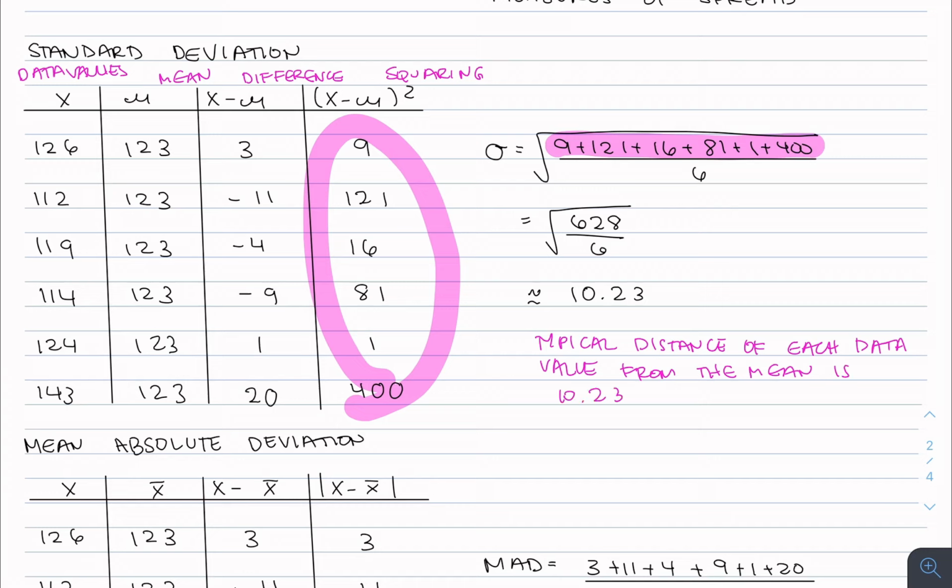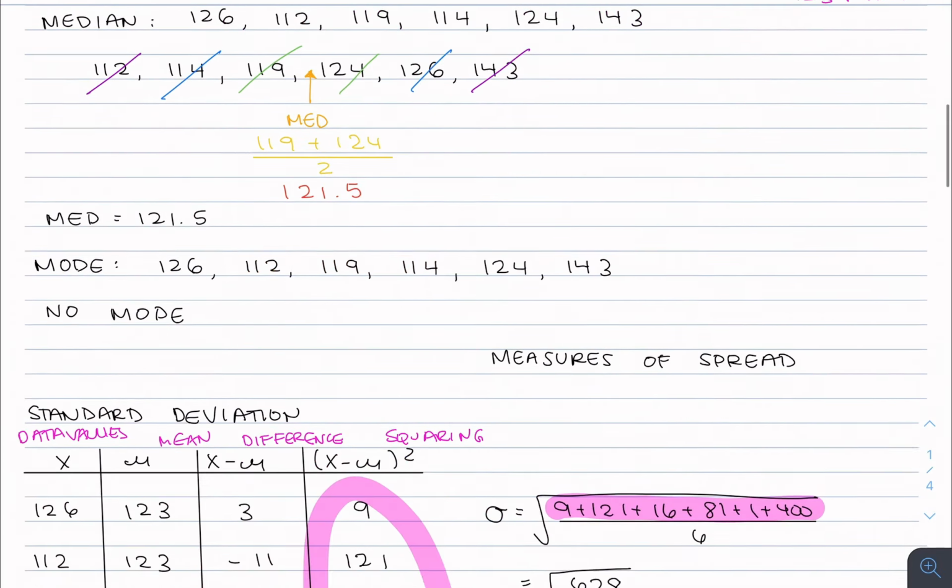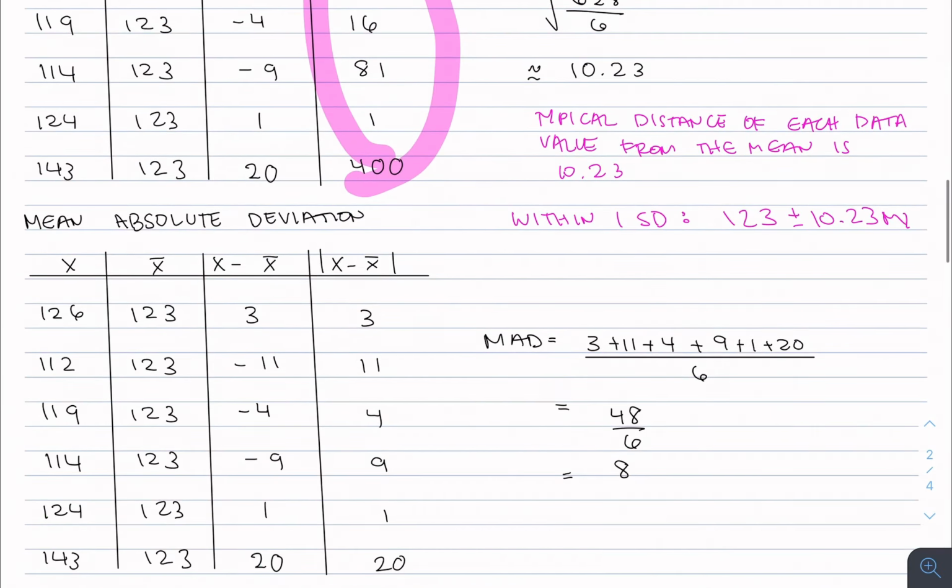In context, that means within one standard deviation, a movie should be 123 minutes plus or minus 10.23 minutes. Sorry about my screen moving all around. Because we're talking about whole minutes here, I might adjust this to be 123 plus or minus 10 minutes.